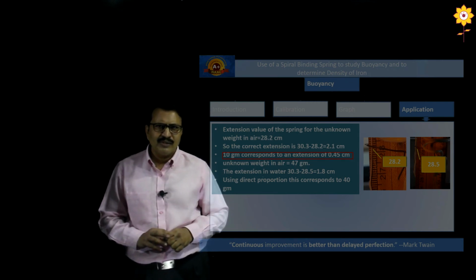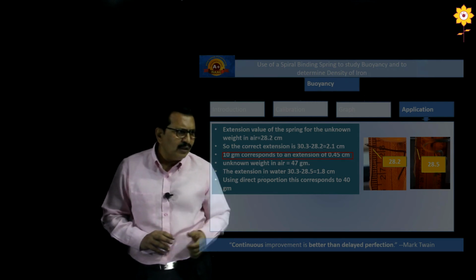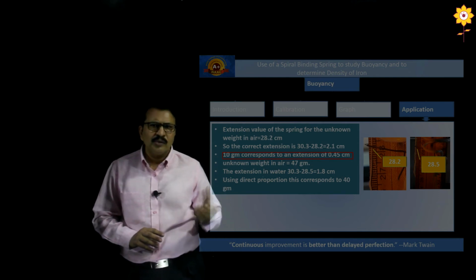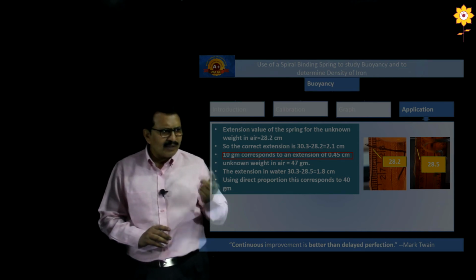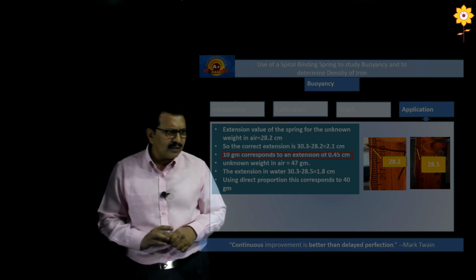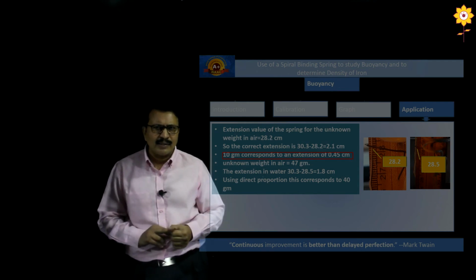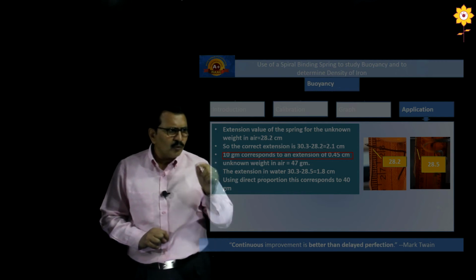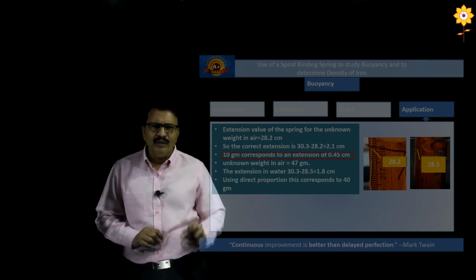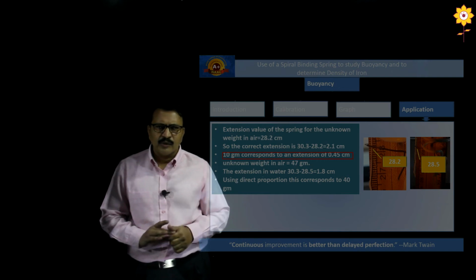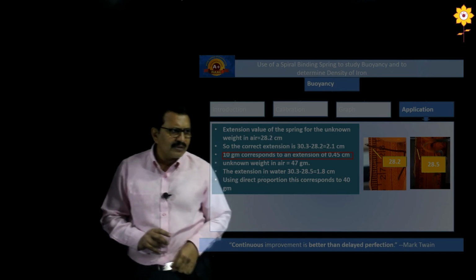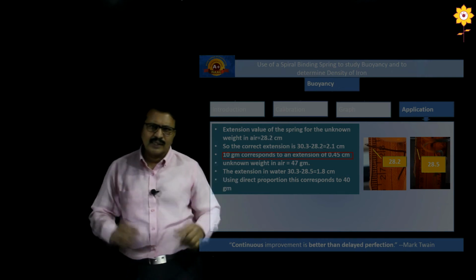It is actually turning out to be 28.5, but when we subtract it from 30.3, it turns out to be 1.8 centimeters, of course less than the one we obtained in air. And therefore the weight in water turns out to be 40 grams, using the method of direct proportion.